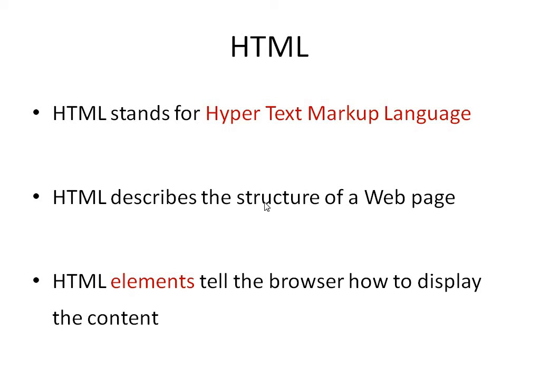Structure in the sense of the title, the heading of the document, the content of the document, and whether there is any link from one page to another. All these structures are defined by the HTML language, right? There will be elements to tell the browser how to display the content. While going deeper into this course, we will be learning about all of these.